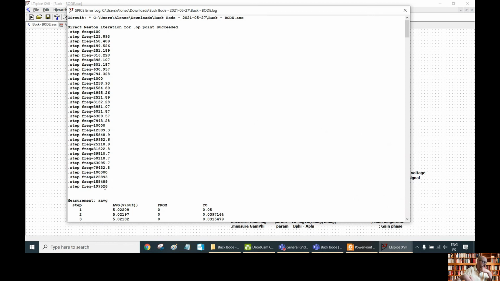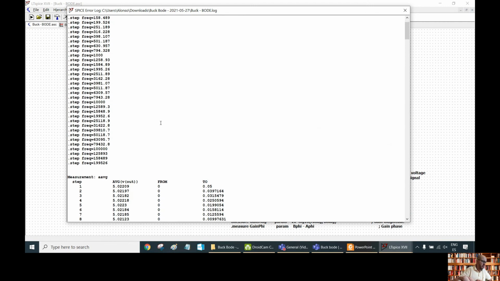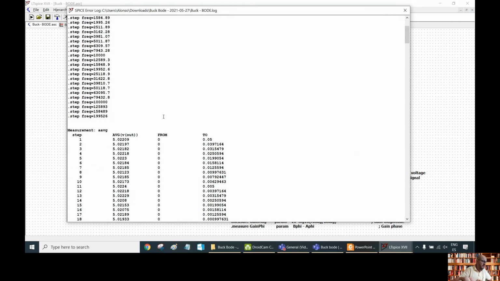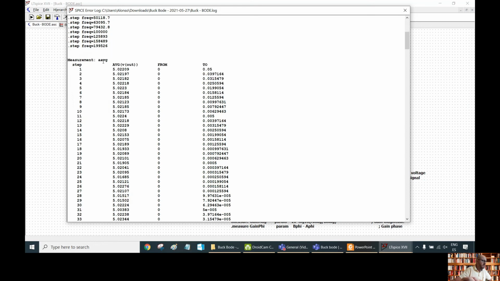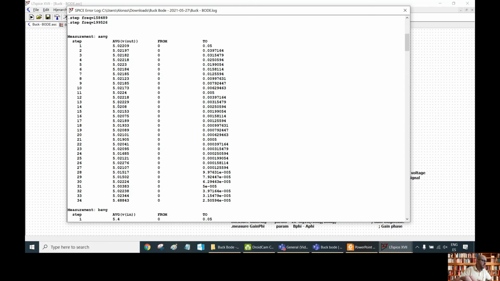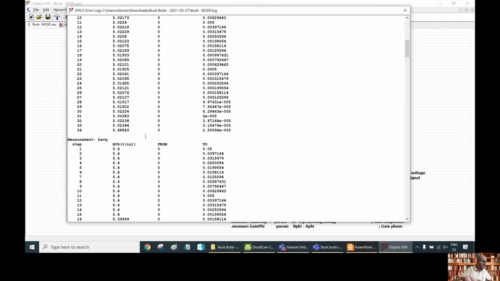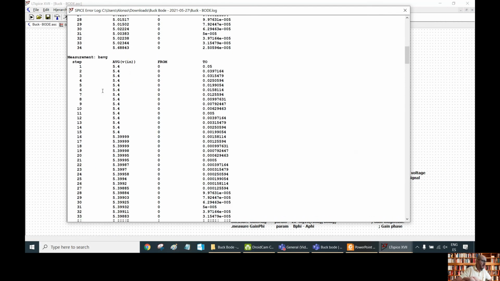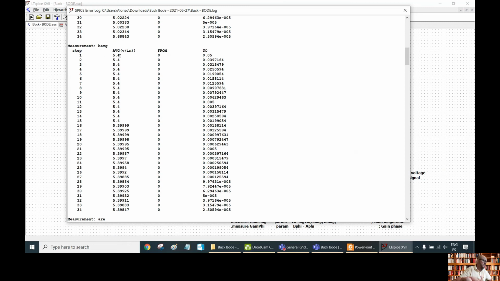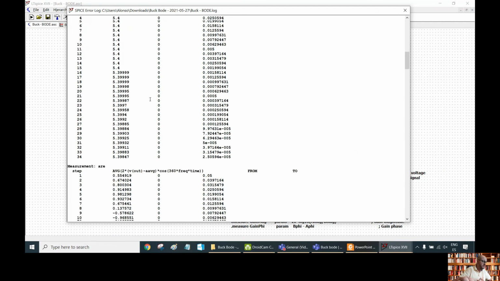and this will be the different values of the frequencies when we are doing this kind of sweeping. Then we can see the average value at the output, which is something like 5 volts. Then the average value at the input, which is what we are injecting to obtain 5 volts at the output, was something like 5.4 volts.